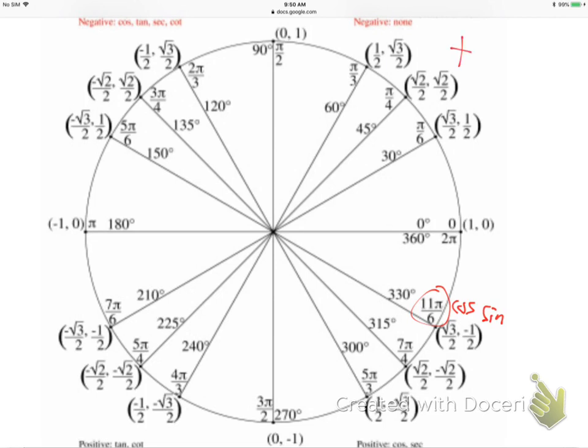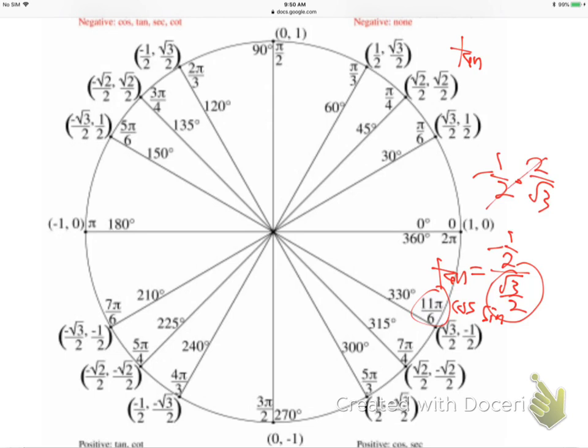So tangent will be sine over cosine, which is minus a half over root 3 over 2. I put the sine over the cosine. And then you flip it up. You grab that and flip it up, so it becomes minus a half times 2 over root 3. These cancel, and you get minus 1 over root 3.